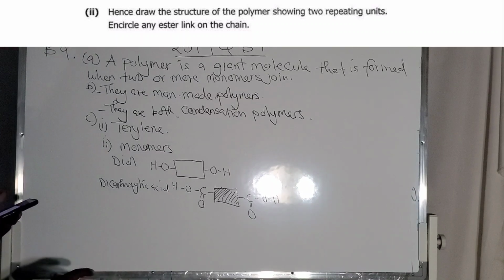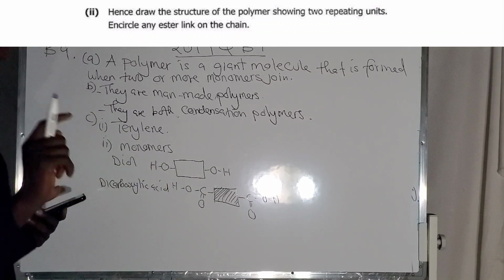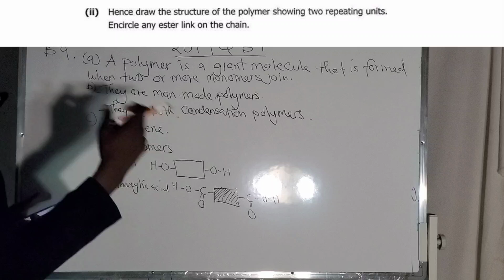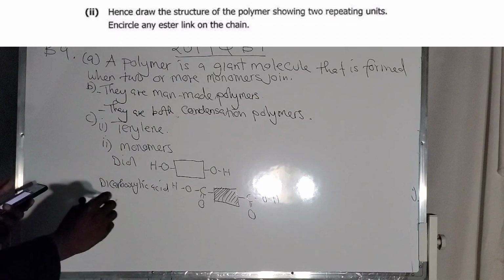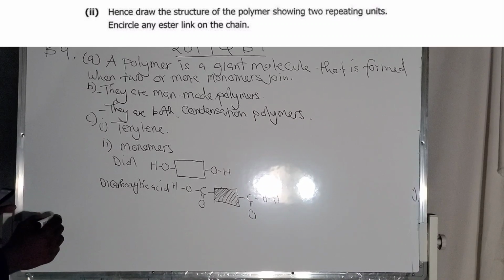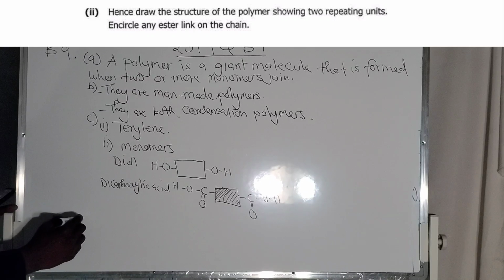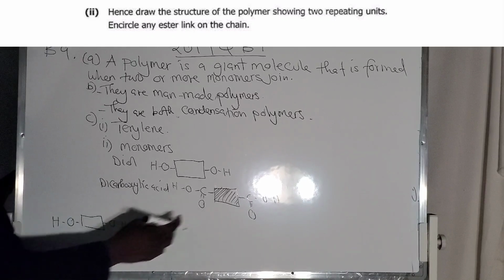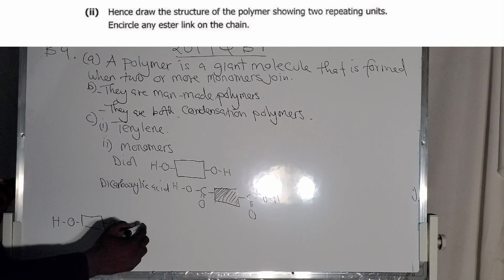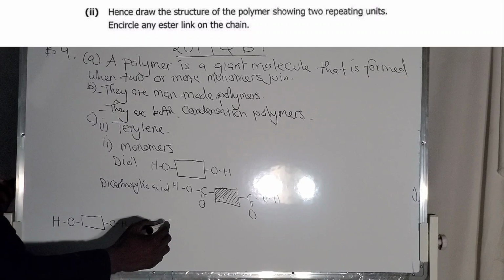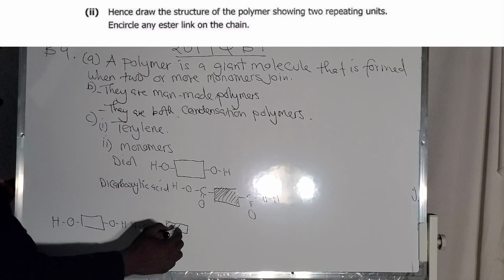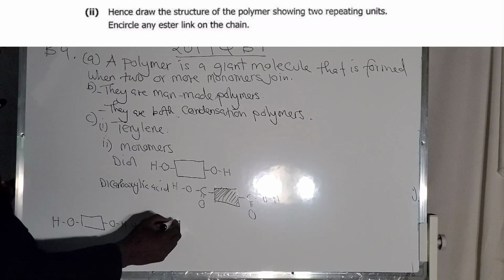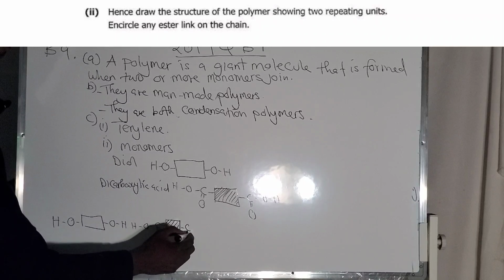When you combine the two monomers, you have one giant molecule of terylene with no repeating units. If you combine four of these, you have two repeating units. So let me draw this. Let me start with the diol, then draw this next to it: H, O, C double bond, carbon double bond like this.